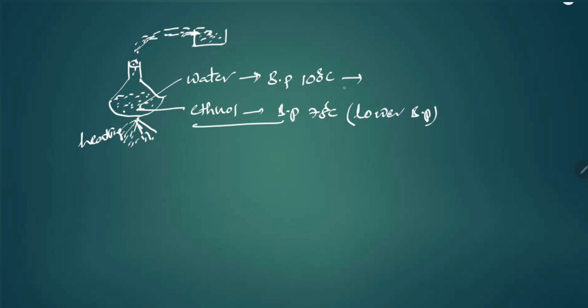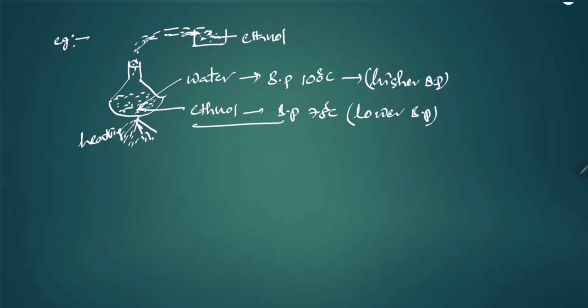The compound which has the higher boiling point will remain in the liquid in the distillation flask. We can separate water and ethanol by using the distillation process based on their different boiling points.